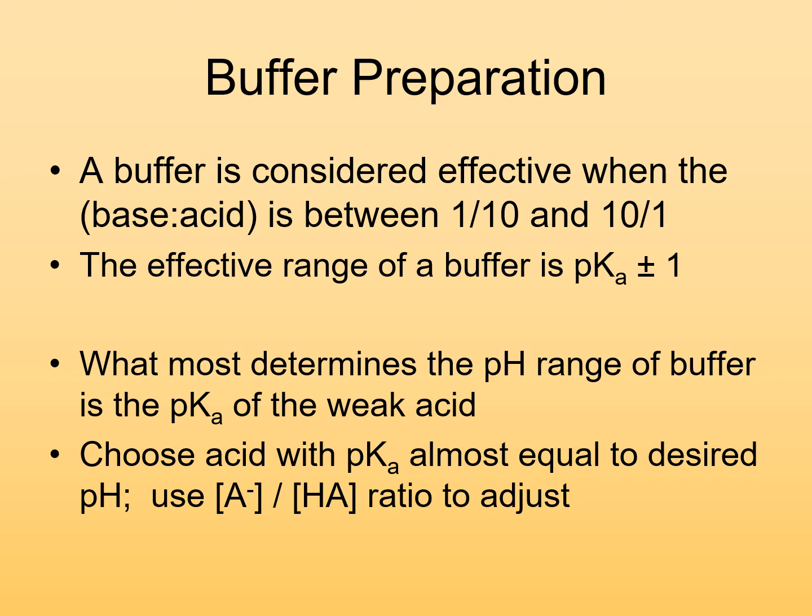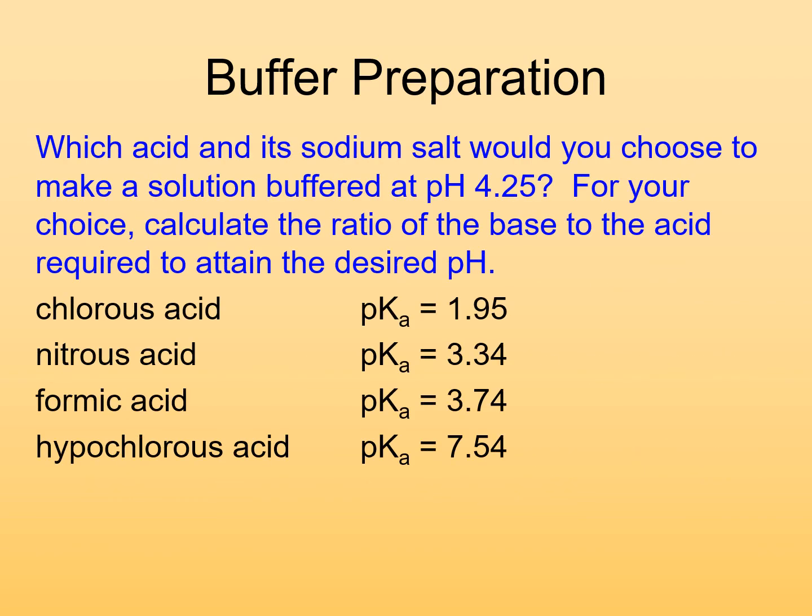So here's the way that this might be asked. It says, which acid and its sodium salt would you choose to make a solution buffered at a pH of 4.25? And for your choice, calculate the ratio of base to the acid required to obtain the desired pH. So remember, it's going to be effective whenever the pH is within plus 1 or minus 1 of that pKa.